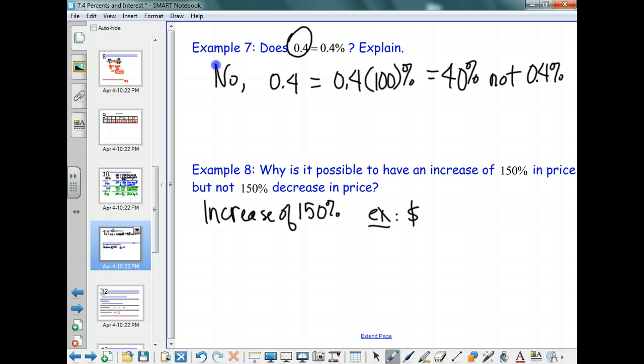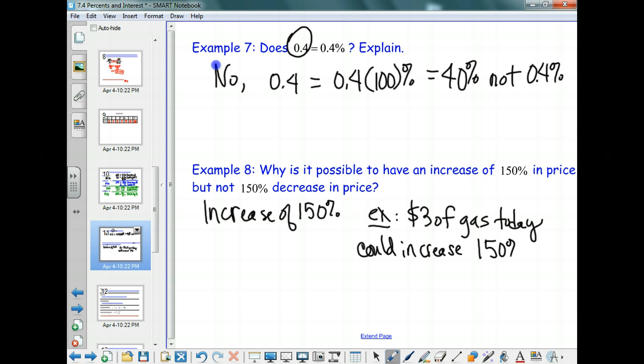Okay, so $3 of gas today could increase 150% by tomorrow. Let's hope not. What would it become if it was increased 150%?